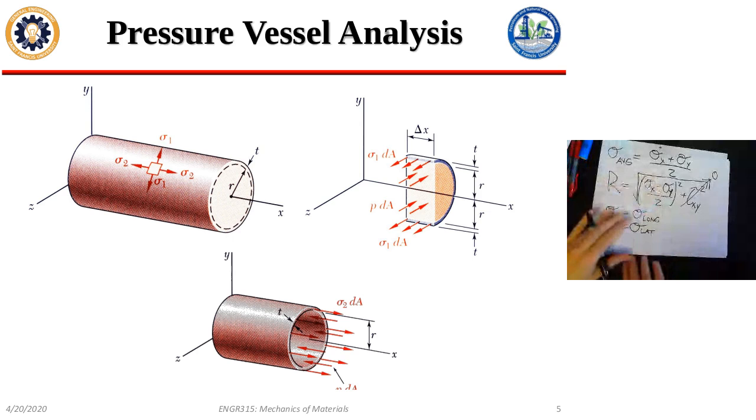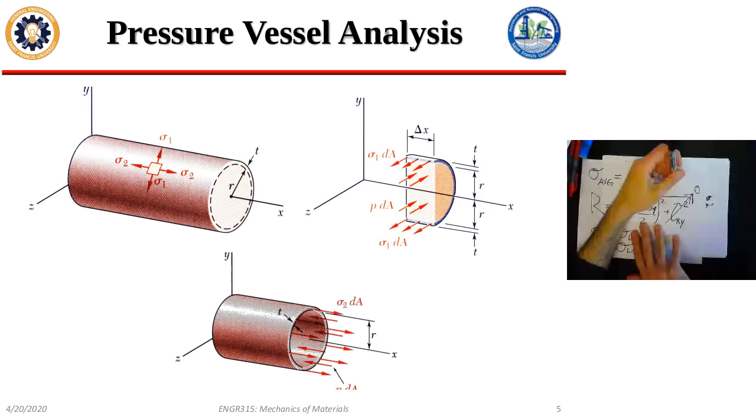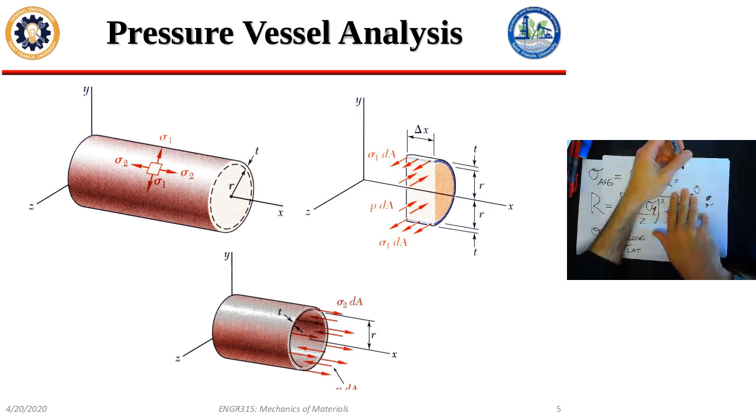So if I work that, it's 2PR, so 3PR over 2t over 2.